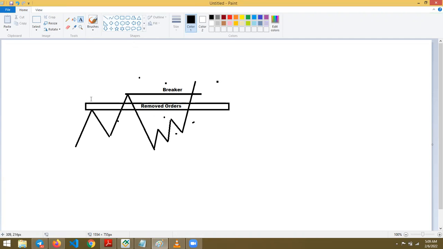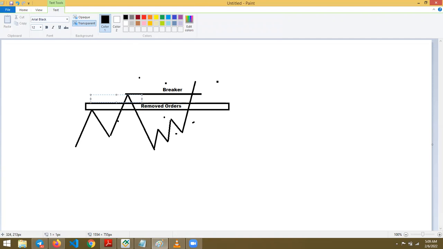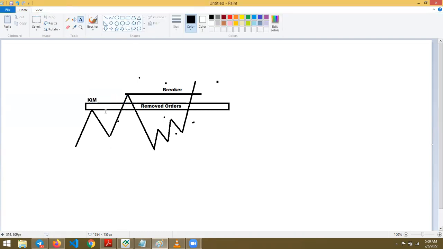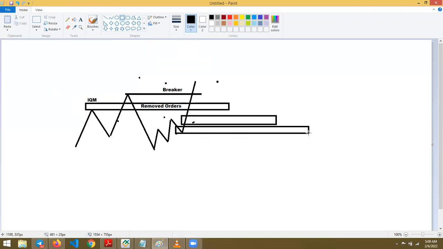And as you can see here, we have an IQM. And as I said, an IQM is an ignored QML, right? So you can see here we had a QML that got violated. So now here what you do, you wait for the counter attack. So what you do, you look out for decision points along these areas here. You look out for decision points along the area that got broken. Then you wait for a retracement.